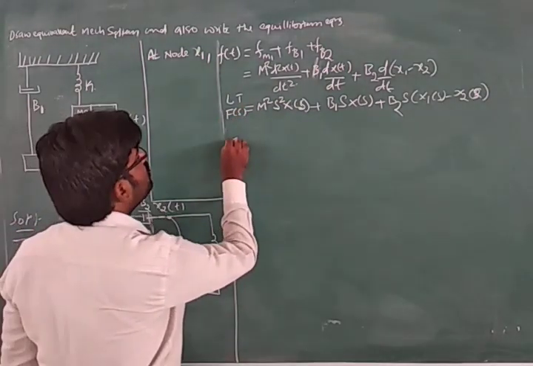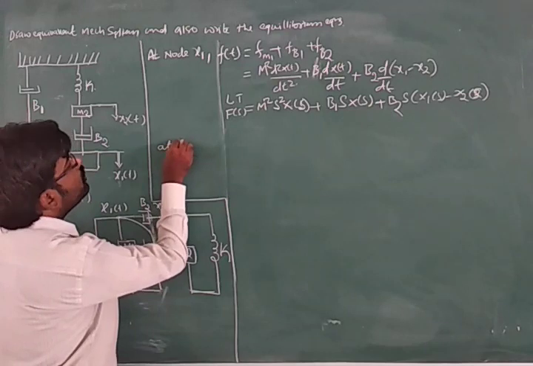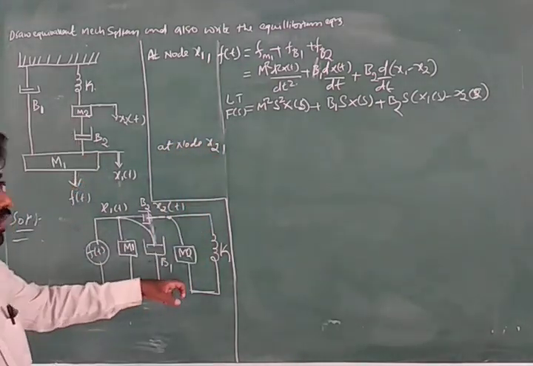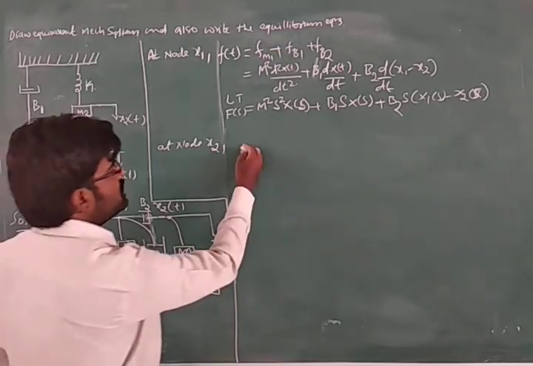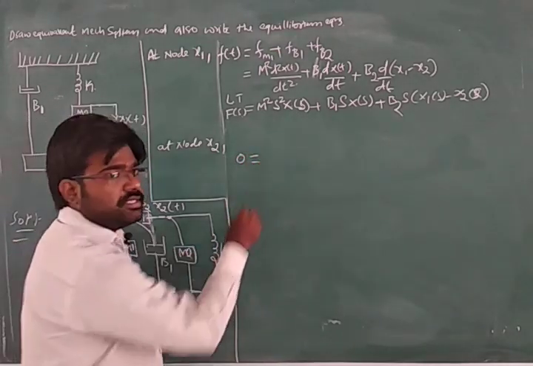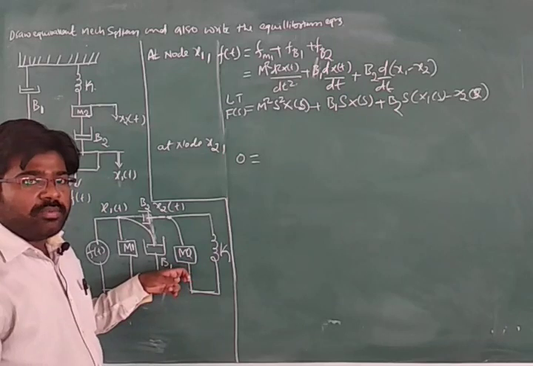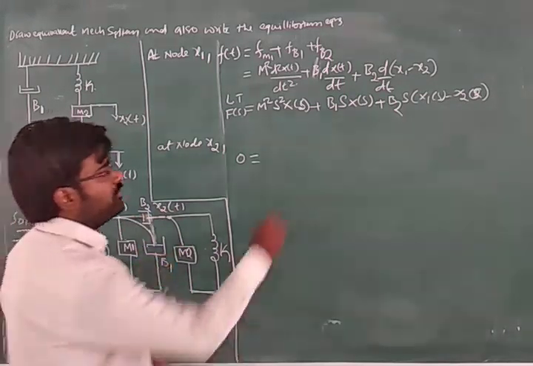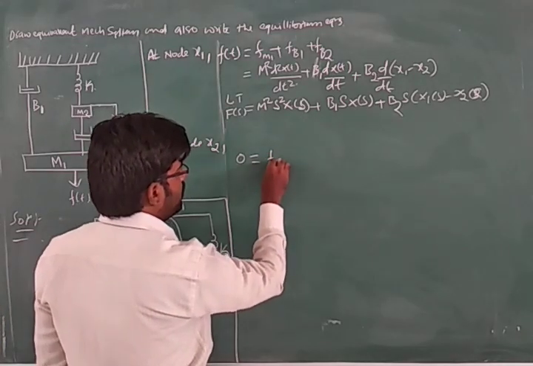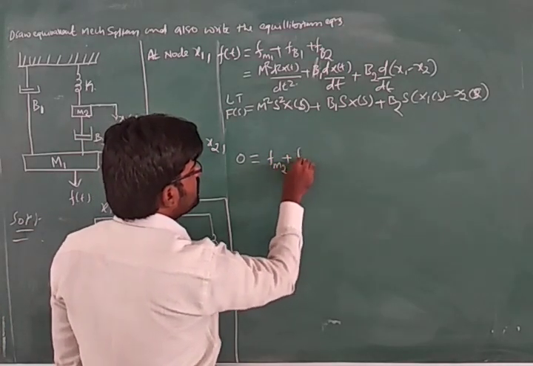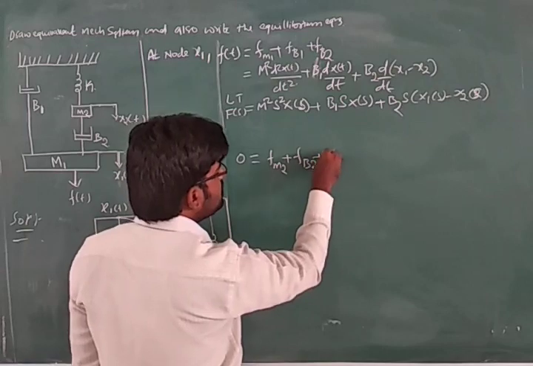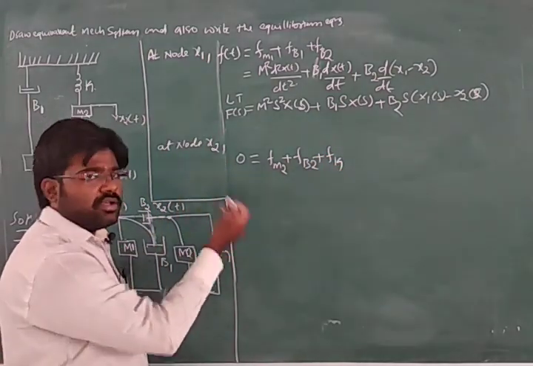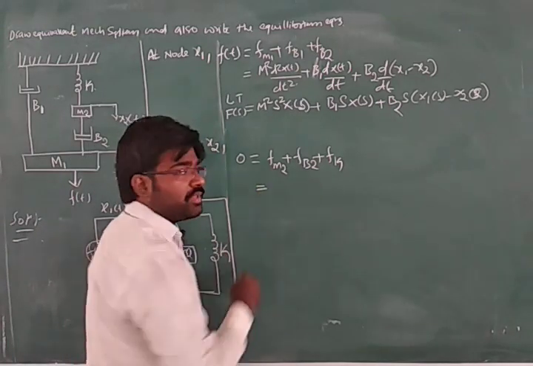Then at node x2, no applied force is there. So applied force is 0, which is equal to the opposing forces. How many are they? m2, b2 and k. Therefore f m2 plus f b2 plus f k. These are the three opposing forces acting on displacement x2.